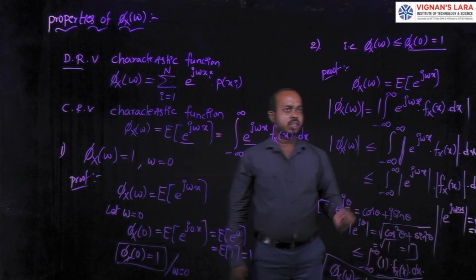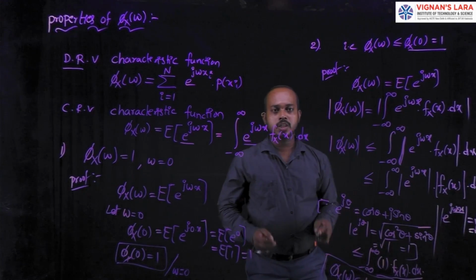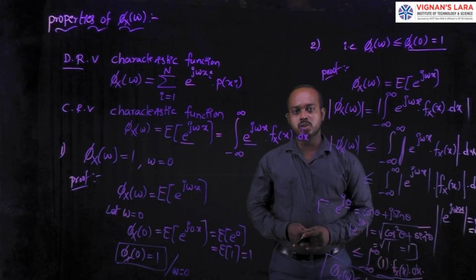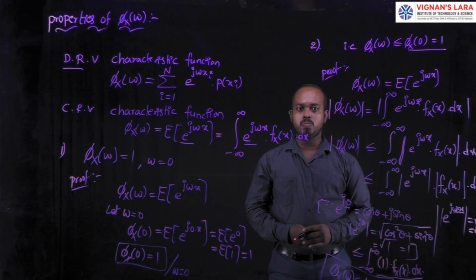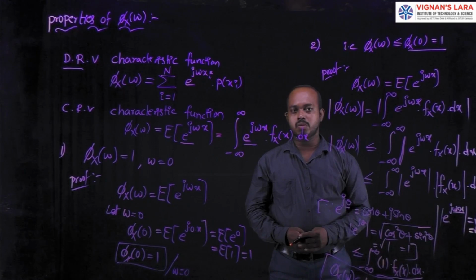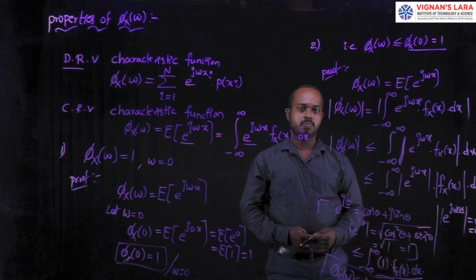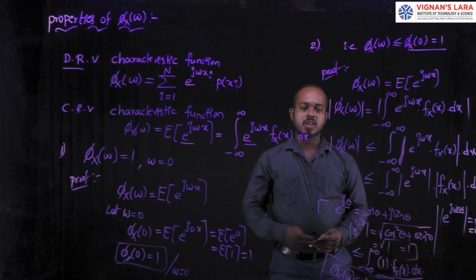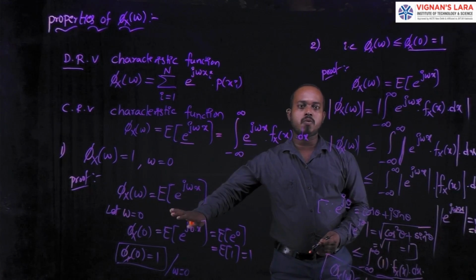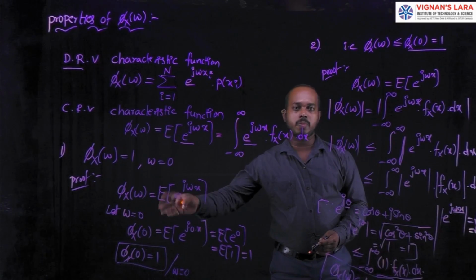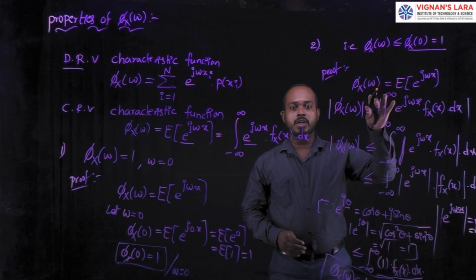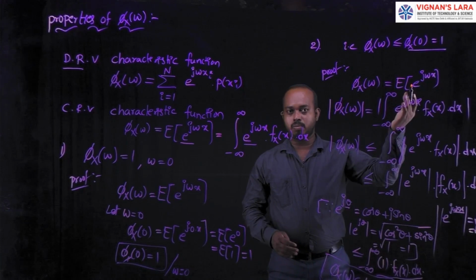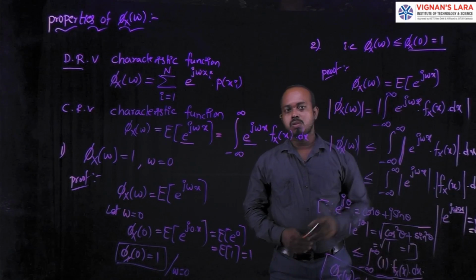This property says that the characteristic function has its maximum value at omega is equal to 0. The first property is the unity value at omega is equal to 0, but the second property is the maximum value at omega is equal to 0.